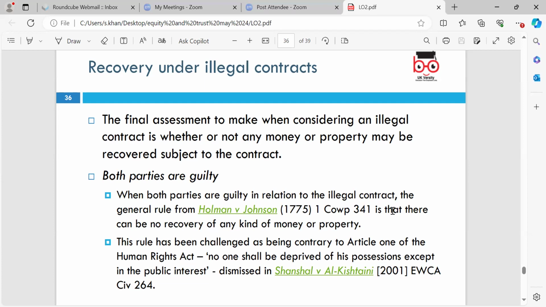Therefore, the monies were irrecoverable on the basis of illegality. Furthermore, assuming that the claimant was entitled to invoke the right to property under the European Convention on Human Rights at all, the case clearly fell within the public interest exception to the right, and the illegality defence is not incompatible with the claimant's right to property under the Convention.